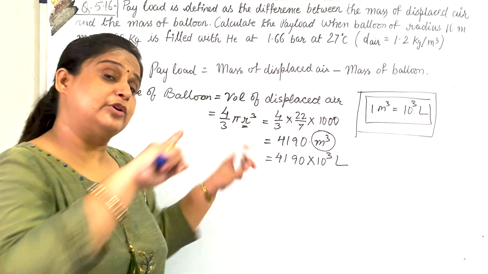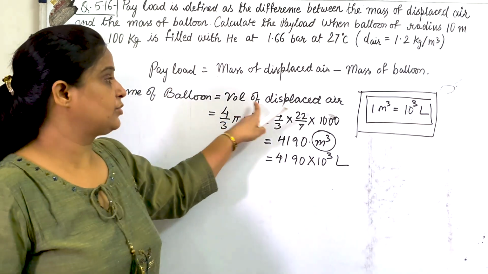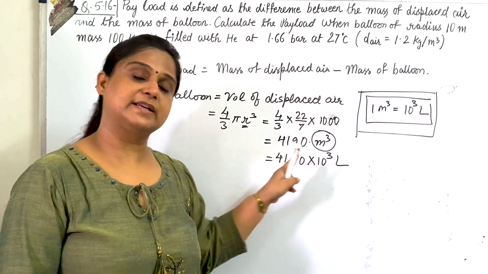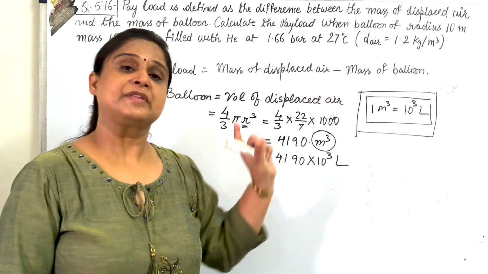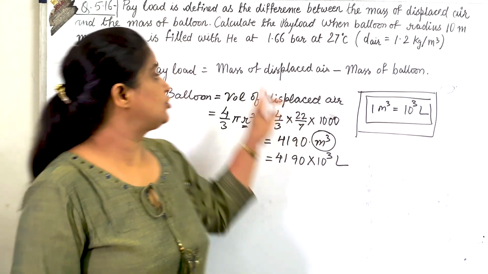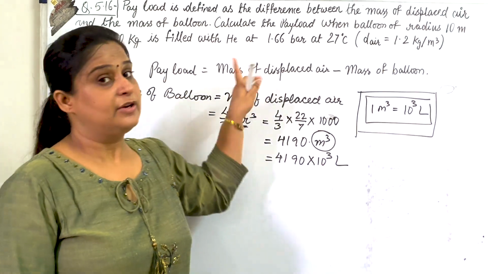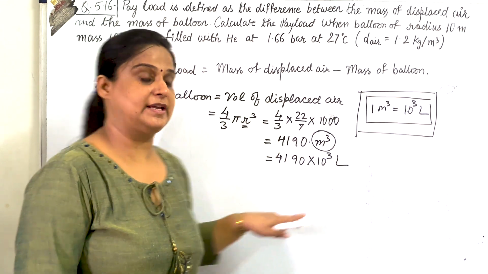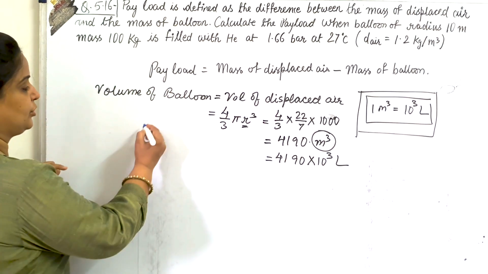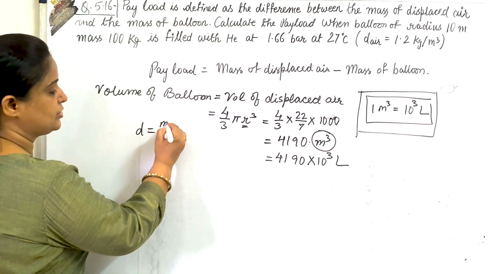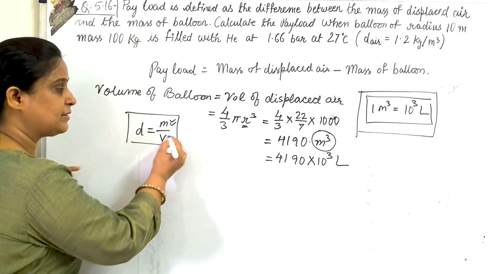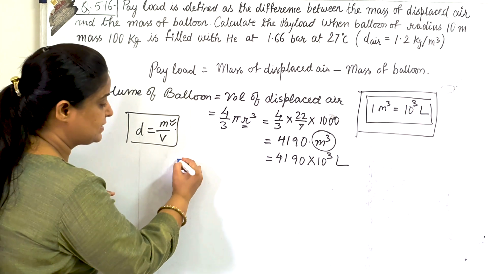Now the volume of the balloon is equal to the volume of the displaced air. तो इसका मतलब है हमें displaced air का volume मिल गया. But we need to have the mass of the displaced air. Volume हमारे पास हमने कैलकुलेट कर लिया है, मास मुझे चाहिए. अगर मुझे डेंसिटी दी हुई हो तो by applying the formula D equals m upon V, इस फॉर्मूले के हिसाब से I can calculate the mass of the air. तो what is the mass of the air?